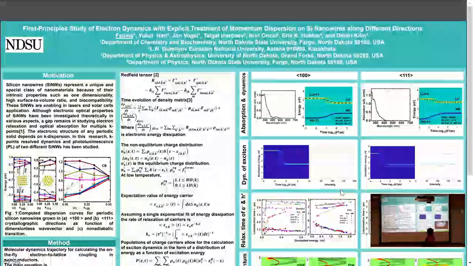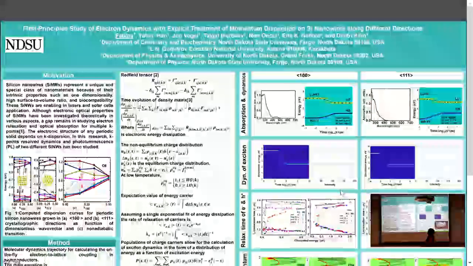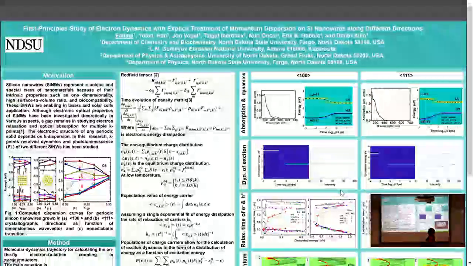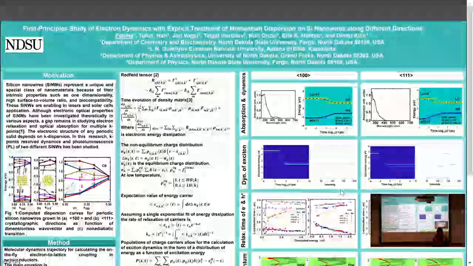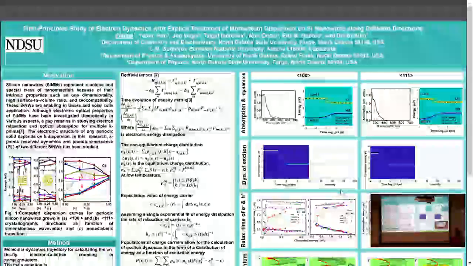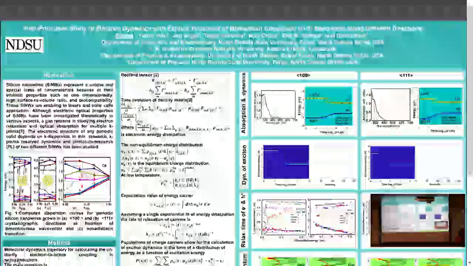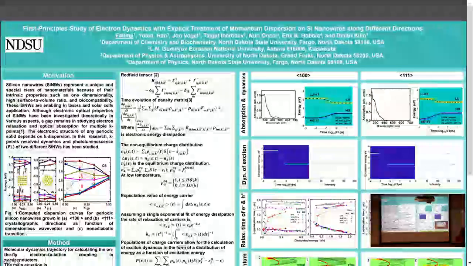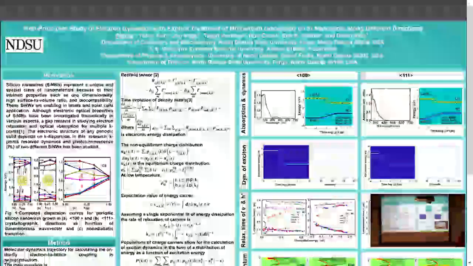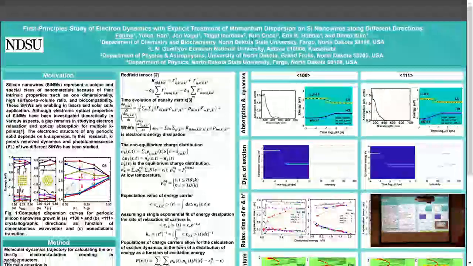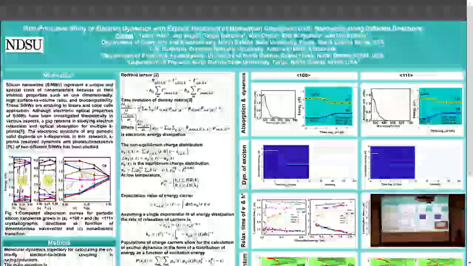Yeah. So we are interested in silicon nanowires because they have some optoelectronic properties such as band gap, radiative and non-radiative transition. And all of them are dependent on the momentum dispersion along the growth direction.